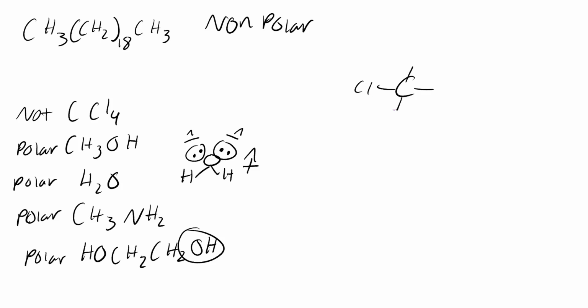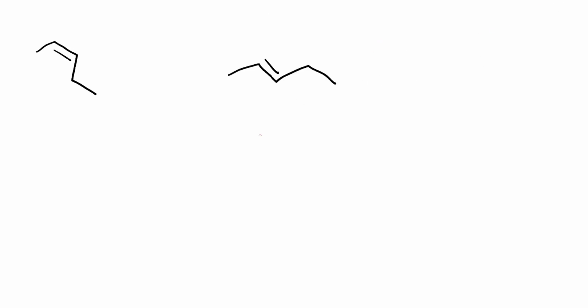If you want to draw it out, it'd be C with 4 chlorines attached to it. That would be non-polar. We have one going here, there, there, and there. These cancel out completely, and we are left being non-polar, so we can have our lunch with carbon tetrachloride.